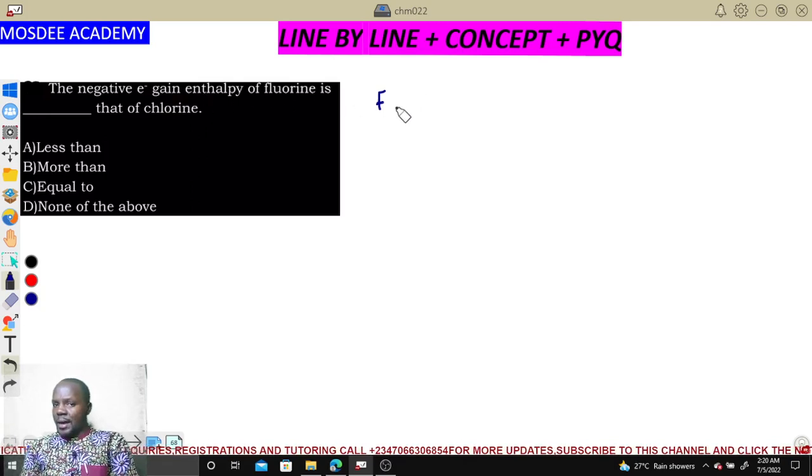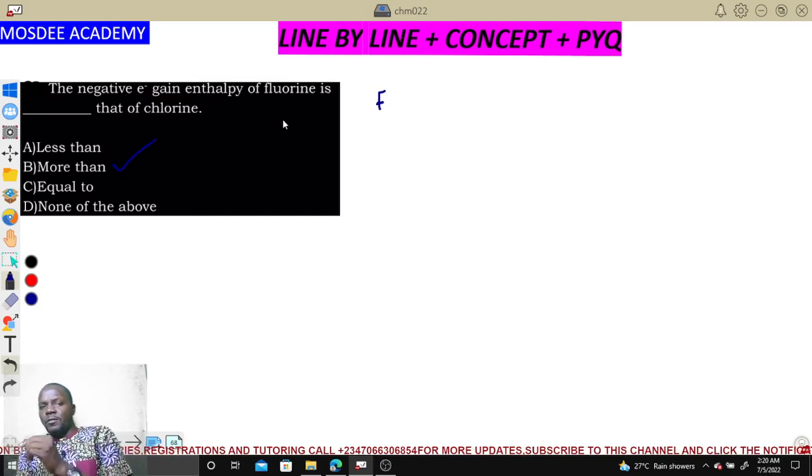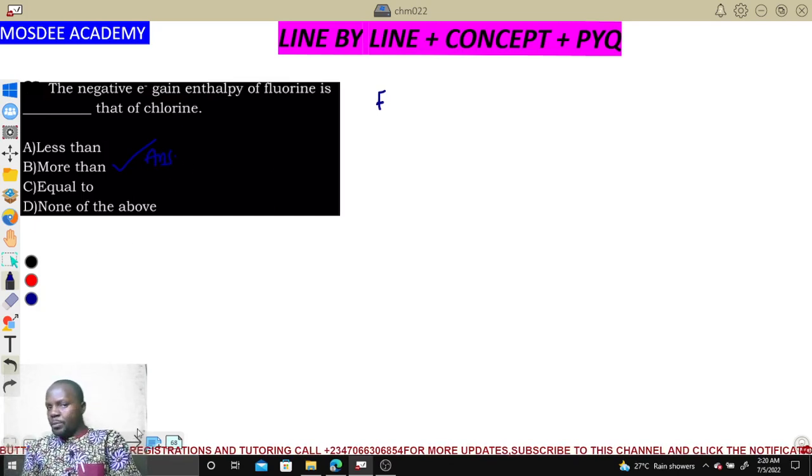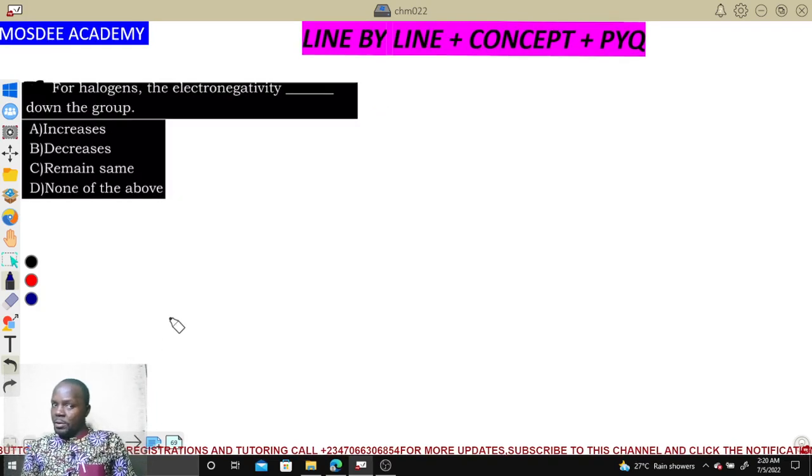As they go down the group, electron gain enthalpy decreases. So fluorine will be what? More than chlorine. I hope I'm communicating. Do you understand? The negative electron gain enthalpy of fluorine is more than that of chlorine. It's a very simple question, not simple if you are not following the line by line explanation.